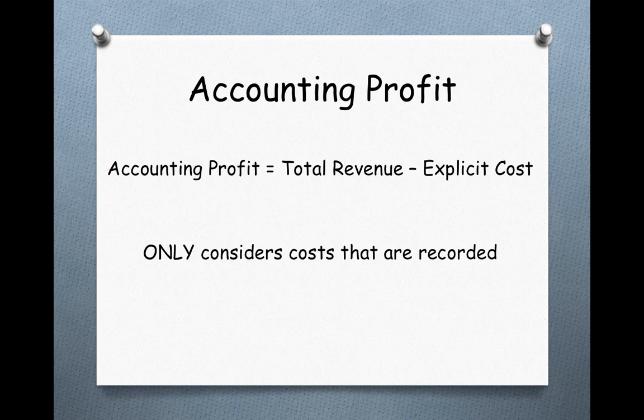So, accounting profits, where accountants record, they will look at the total revenue made by the firm and they reduce the explicit costs. They only consider the costs that are recorded. They don't consider all the opportunity costs. So, accounting profit is equal to total revenue minus the explicit costs.